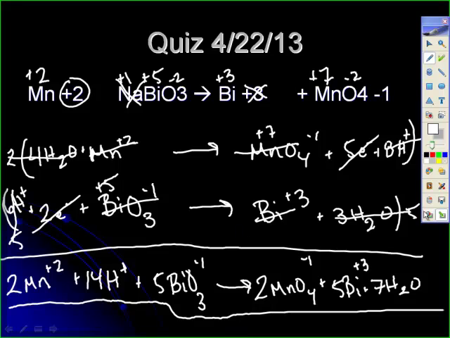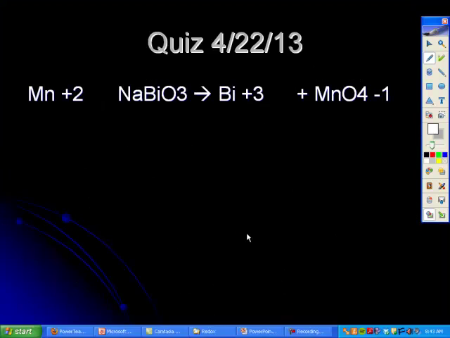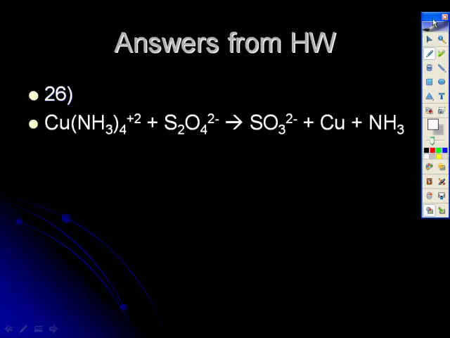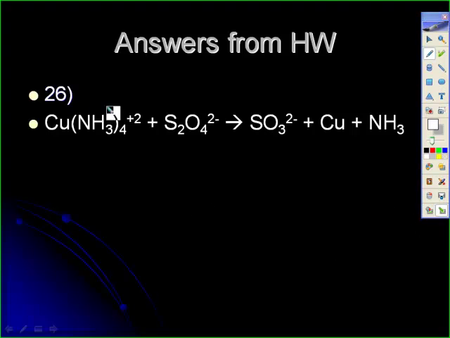Let's switch gears a little bit and talk about your practice problems that you had to do, number 26 and 28. So here's number 26 first. This is what 26 looks like. I'm going to go through this one with you. What I can see here is that my oxidation numbers that change are the copper, and then also the sulfur.